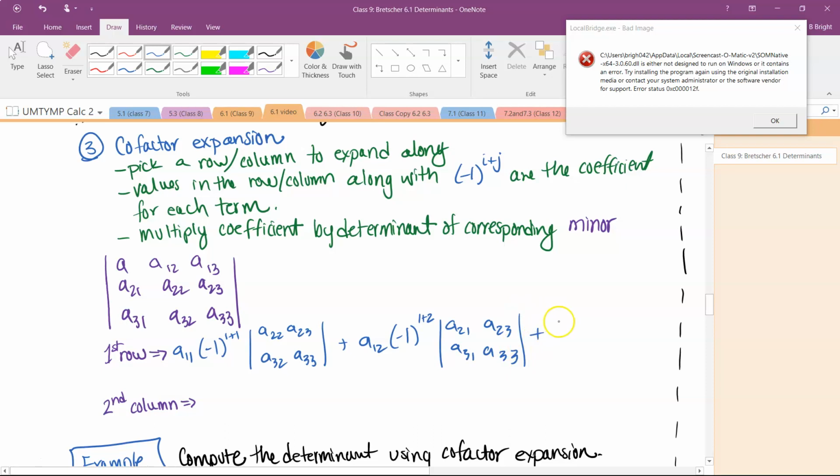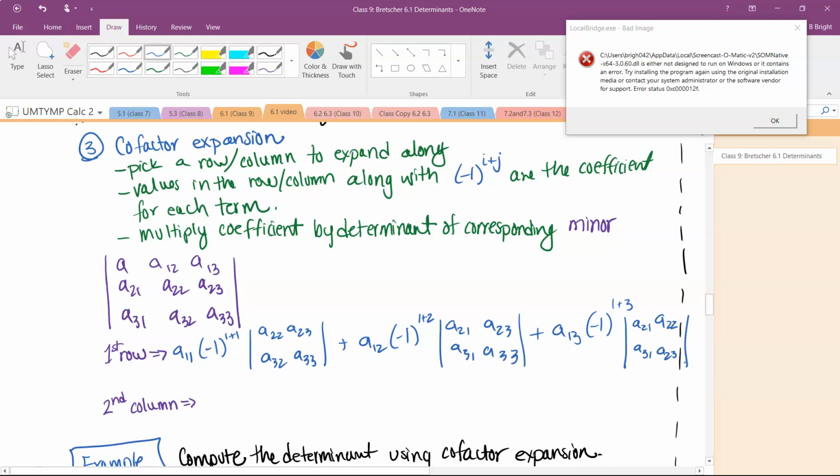Okay, and then the last one I need to include is a13 times (-1) to the 1 plus 3, and then the minor matrix would be a21, a31, a22, a32, and then multiply all that out.